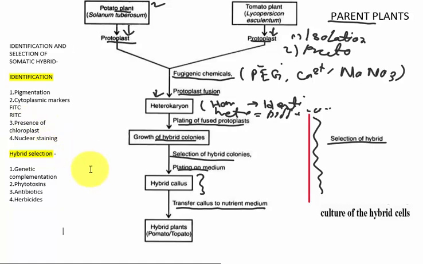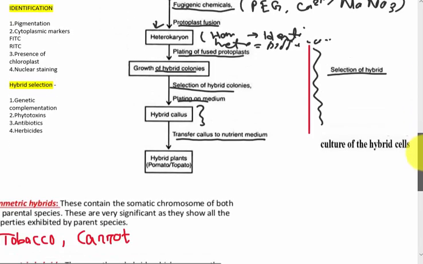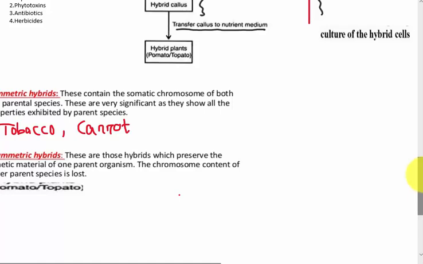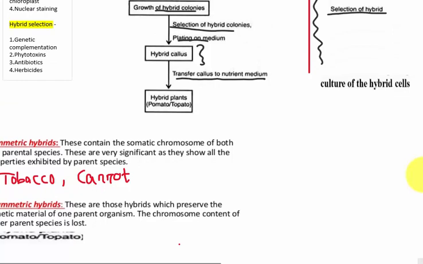And for the hybrid selection, after the identification, we select the hybrid by genetic complementation, next by phytotoxins, next by antibiotics, and next by herbicides. I'm just taking the example of antibiotics, how the antibiotic helps in the selection of the hybrid.